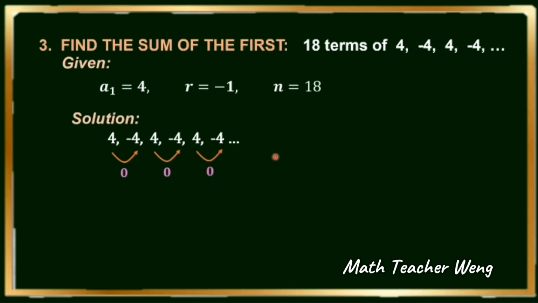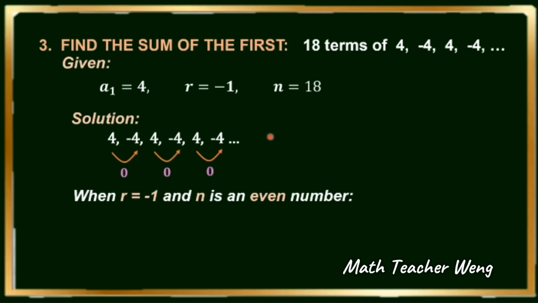Which means that for every pair of numbers, a positive and then a negative number, the sum will be 0. And since there are 18 terms, all the numbers will be in a pair. So therefore, we can say that when the common ratio r is equal to negative 1 and n is an even number, the sum of the first n terms will be 0.